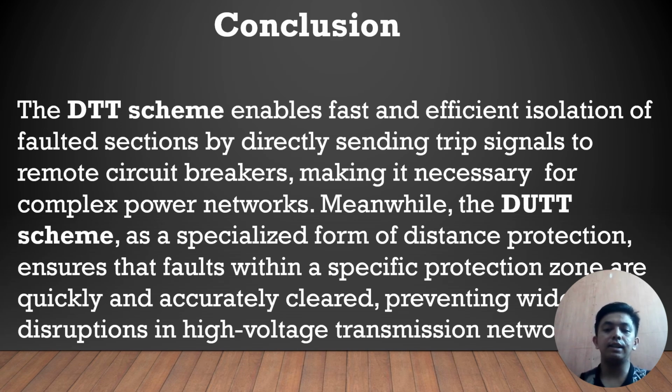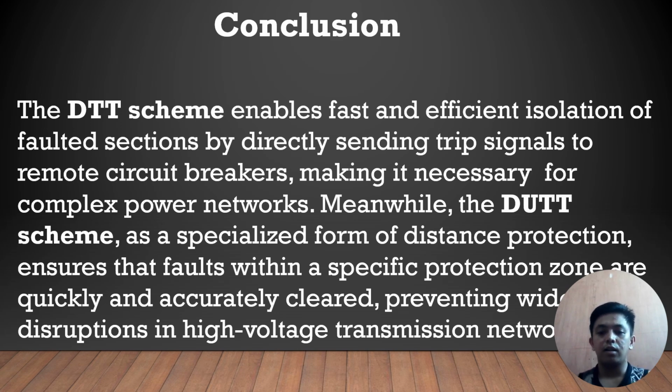Then the DTT is highly effective for fast fault isolation across wide areas, but it depends heavily on reliable communication channels. On the other hand, DUTT provides quick fault clearance within a specific zone, ensuring system stability, but it has limited coverage and may require additional solutions to address its challenges.